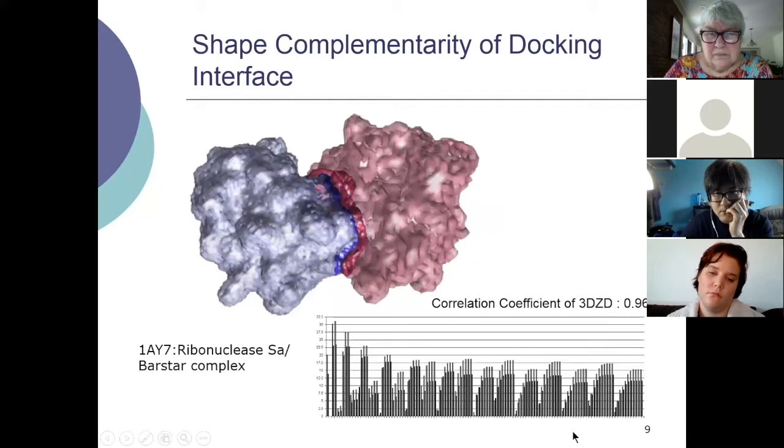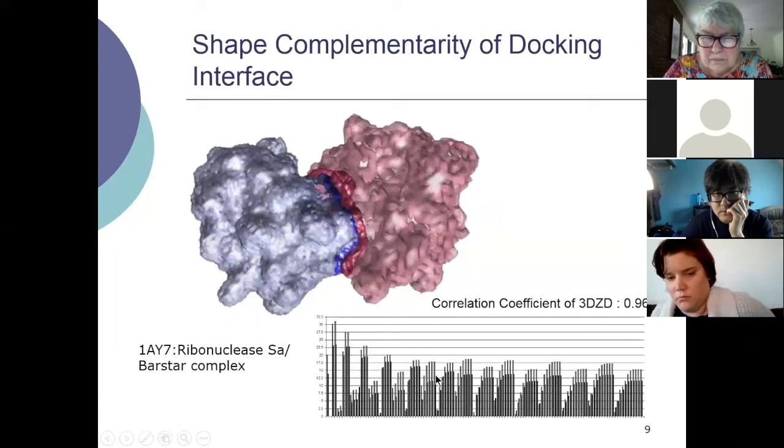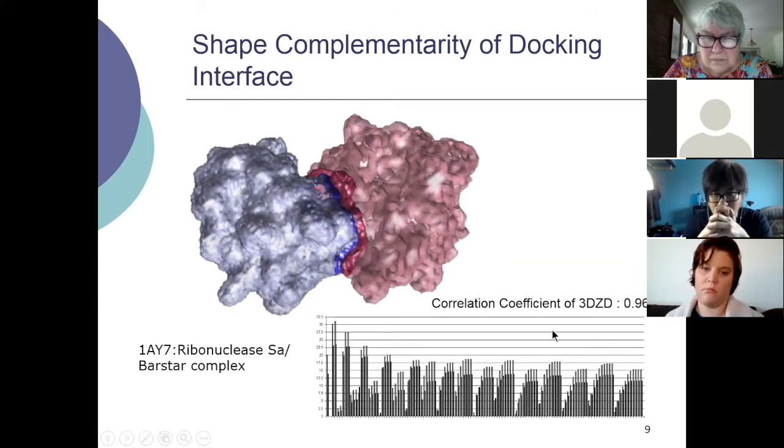It's a bit difficult to see, but there are white bars and black bars showing the coefficient values of the blue surface and red surface. If you take the correlation coefficient of these 3D Zernike descriptors, it's very high. It correlates very well, 0.96. Because this is the interaction site, you expect that the surface regions have an almost fitting and complementary shape.